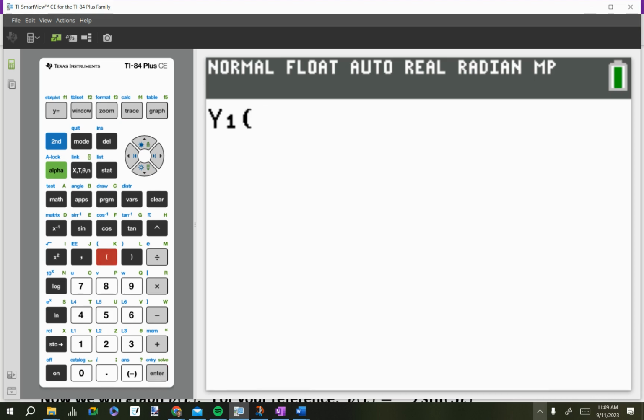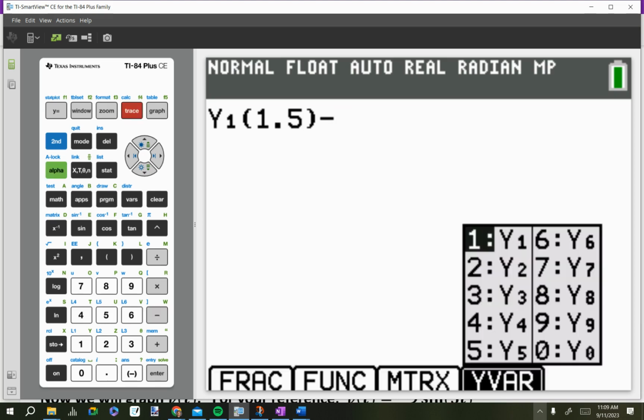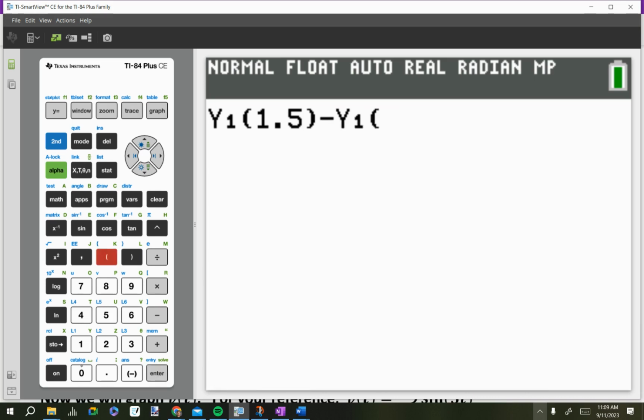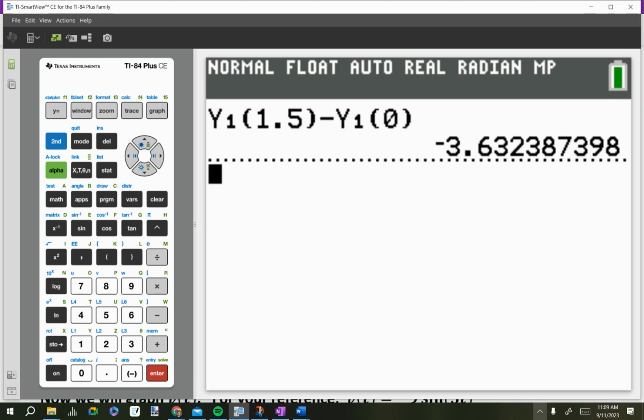And I'm going to type it in inside of parentheses, that number that I have, 1.5. Close my parentheses. Minus. Do it again. Alpha F4. Y1. And in parentheses, I'm going to plug in the number 0. I'm doing exactly what I wrote in my paper: the position at 1.5 minus the position at 0. I hit enter. I get that right there.